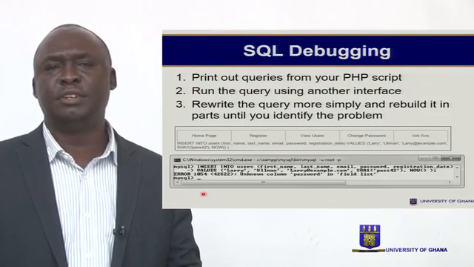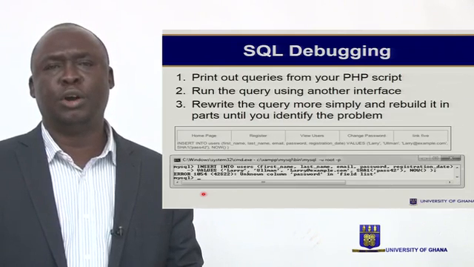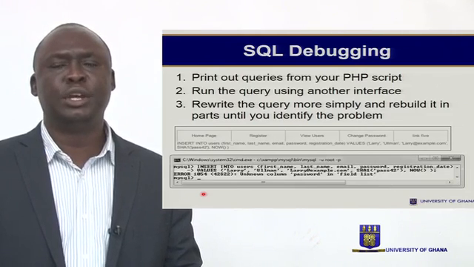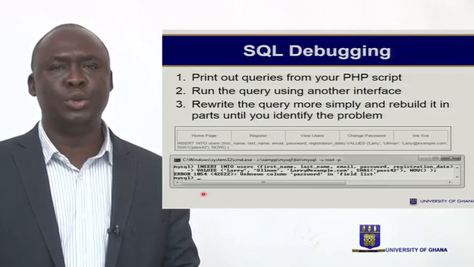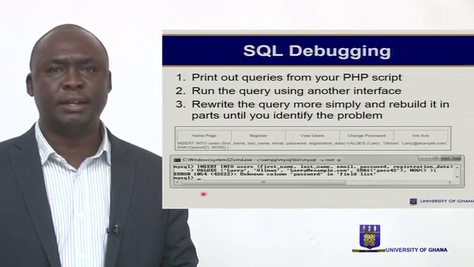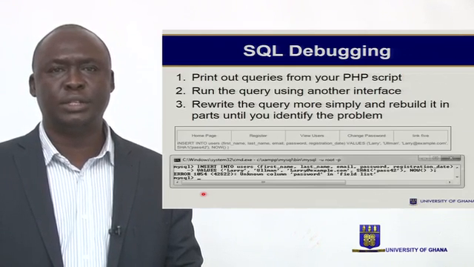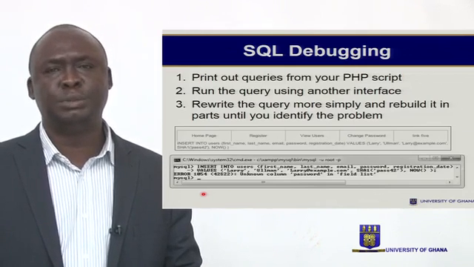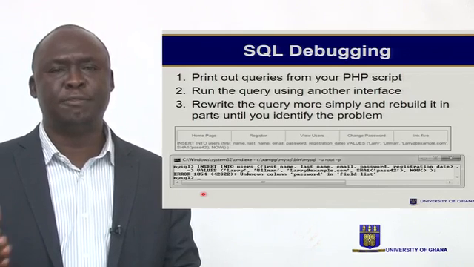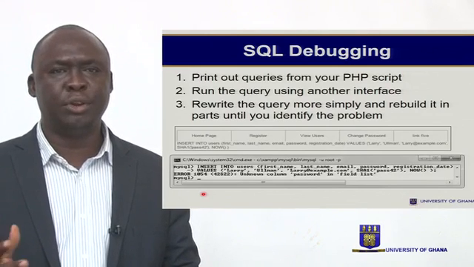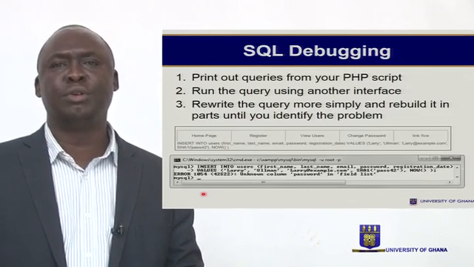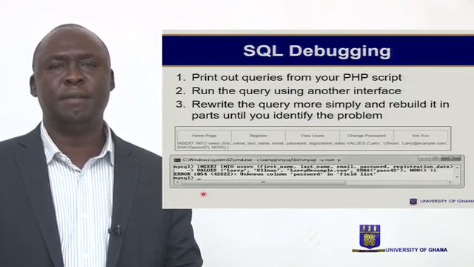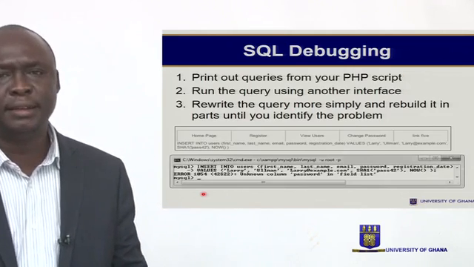For instance, if you have written the query in your PHP and you're having issues, you could take the query to phpMyAdmin, open the query window, and try to run the query in there and see what it gives you, because phpMyAdmin will do proper formatting of the query statement for you to actually see what is happening. You can also rewrite the query more simply and rebuild it in parts until you identify the problem.